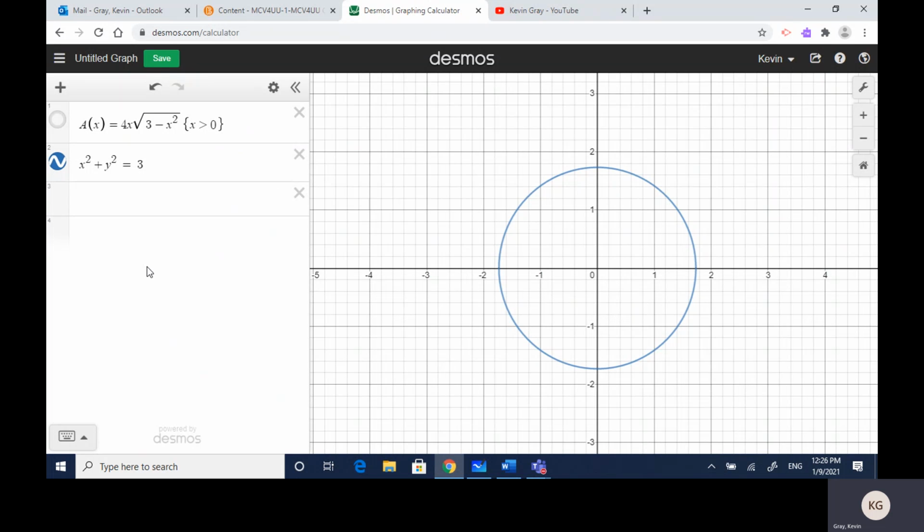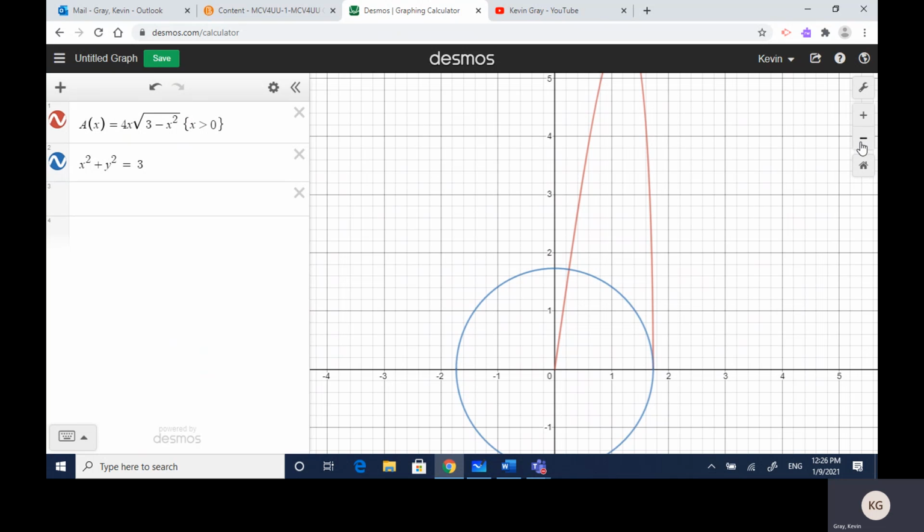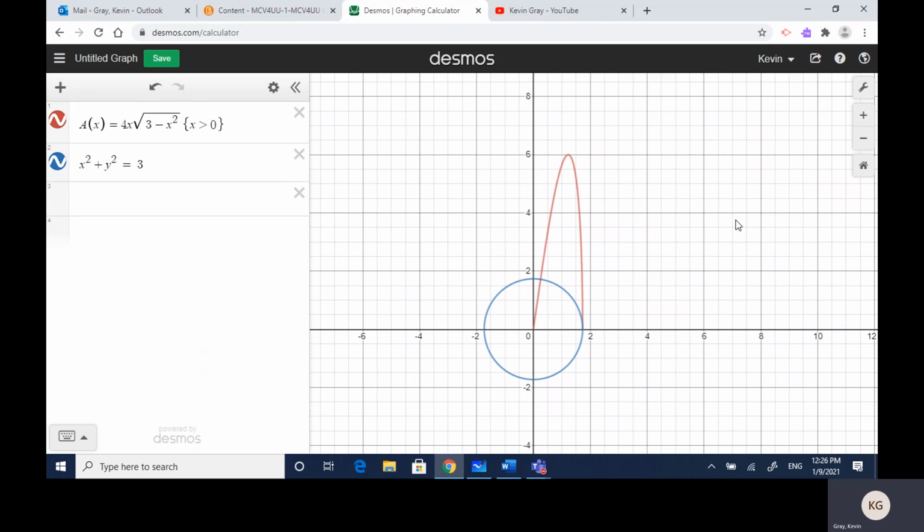Okay, so here's our original circle, and I want to put in the graph. Now I'm going to leave both graphs here for a second. In red is my graph for the area function, and that's 4x times 3 minus x squared.